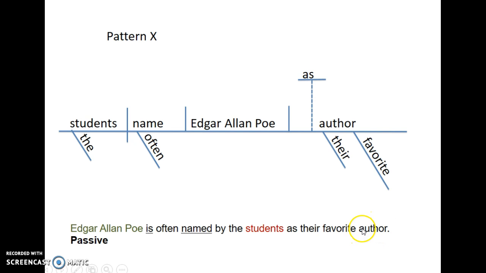So we have a noun in the predicate, which is functioning as an objective complement, clarifying Poe. So we stick that at the end. We put the as up on the little ledge here because it doesn't really have meaning, and then we just stick in our modifiers. The direct object often is answering when, so that's an adverb, and our two modifiers for our noun here. So subject, action verb, direct object, noun as the objective complement makes that a pattern 10.